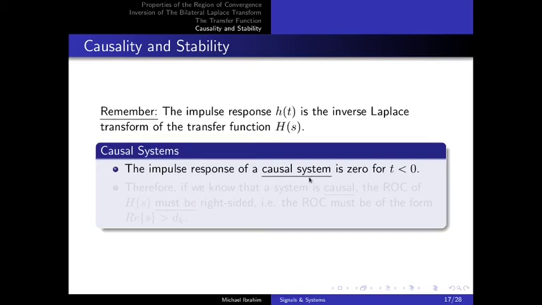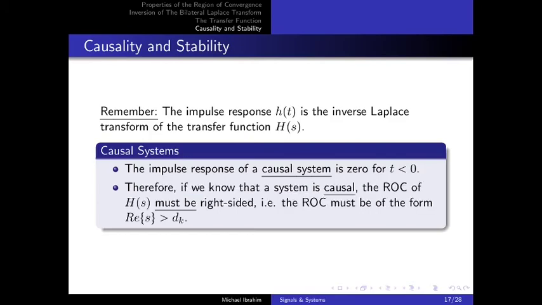Therefore, for a causal system h(t) is a right-sided signal, so H(s) has a region of convergence which is also right-sided. So the ROC of H(s) must be right-sided, starting from a certain pole going to infinity.